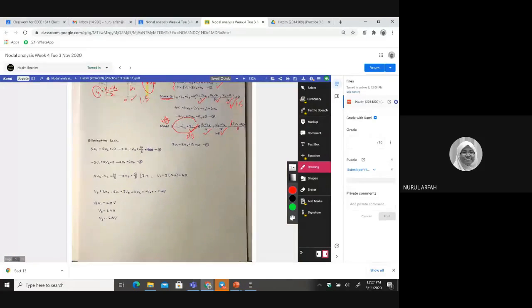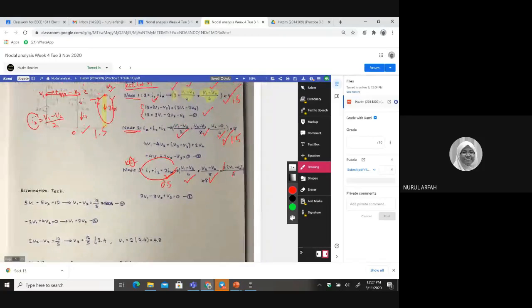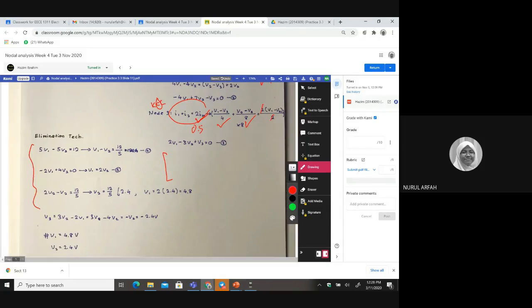By the way, I don't have the answer, but we can check with your other friends. If you have things like this, maybe you have your calculator, right? You don't need to show me all these steps. It's fine. But if you find that this is faster than using your calculator, then go ahead.